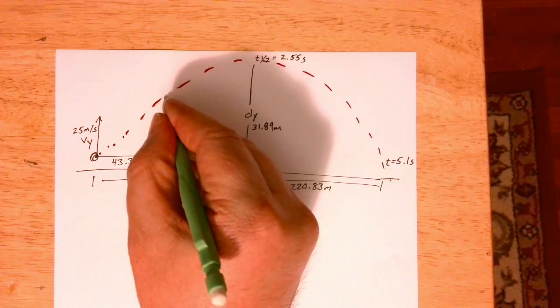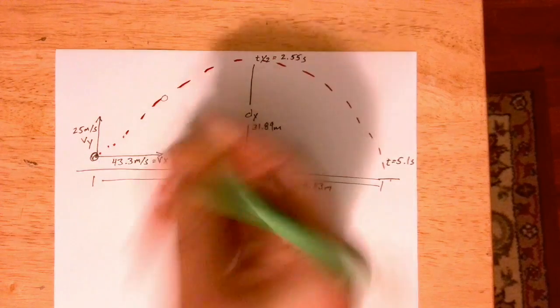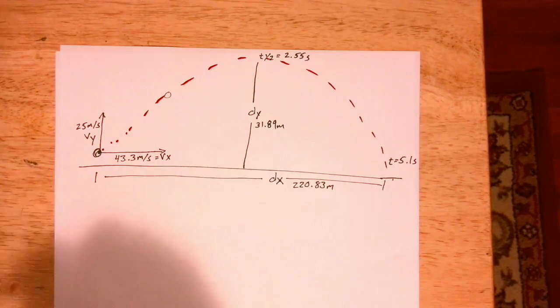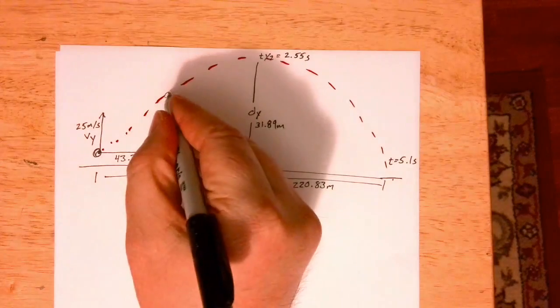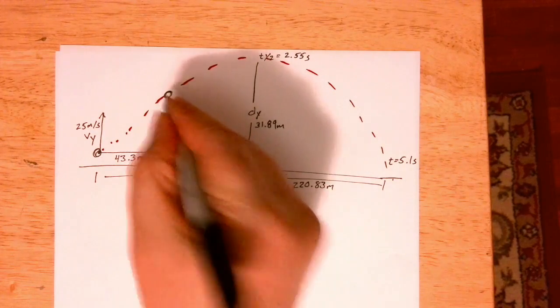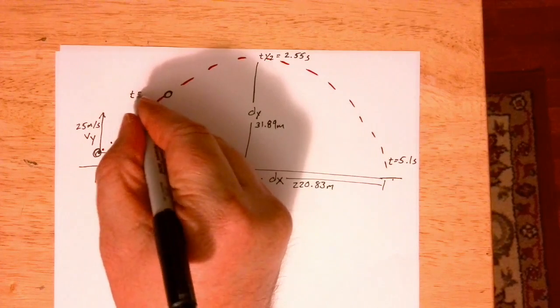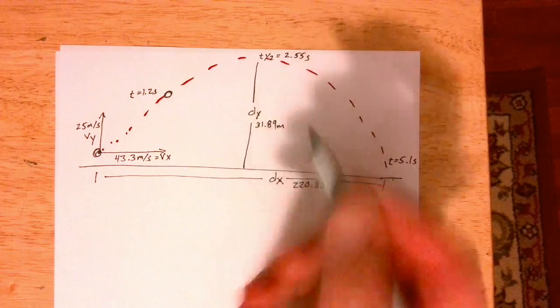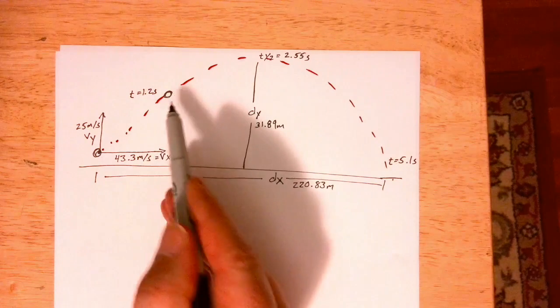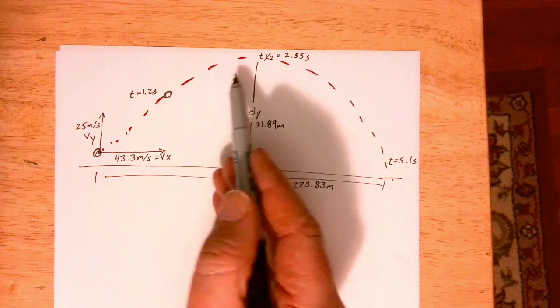So I'm just going to put a circle here. Let me make this a little bit darker. Okay, so this is a time of 1.2 seconds. So just from looking at this, we do know the ball should be going up.